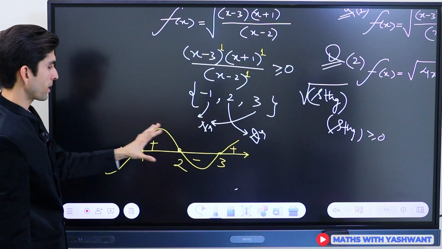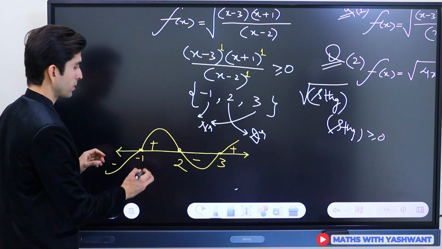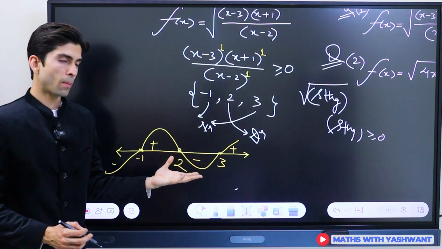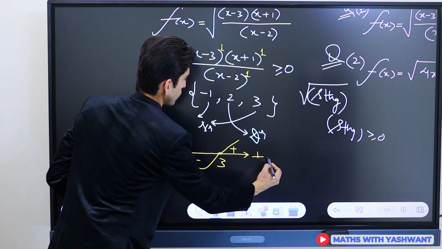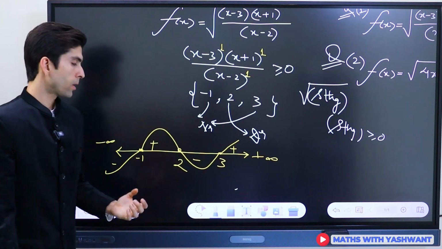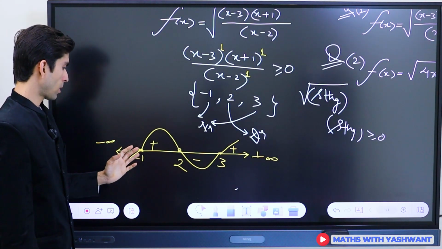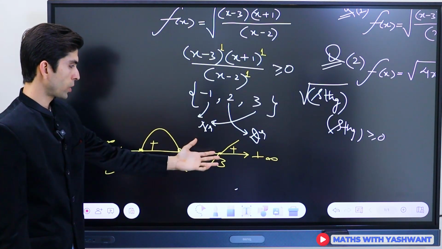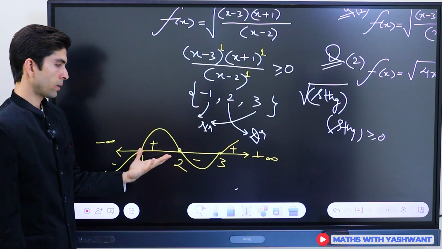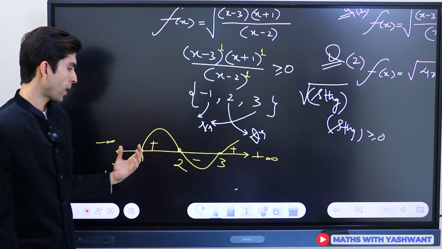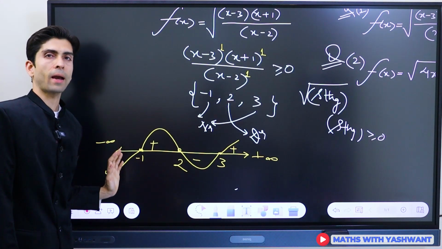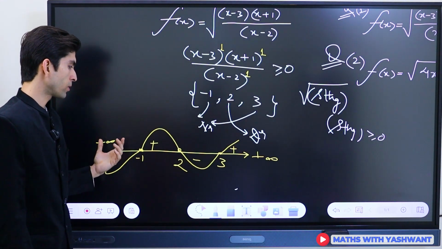So what message is this wavy curve conveying to us? The number line is running from -infinity to positive infinity. From -infinity to -1 and from 2 to 3, the expression achieves negative values because the wavy curve is below the number line, and the negative sign represents that the expression is negative in this interval, or for these values of x.